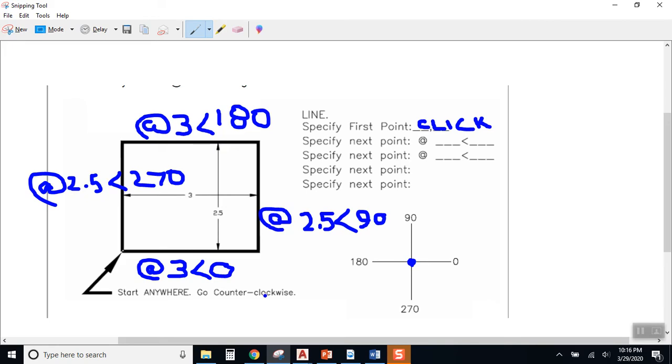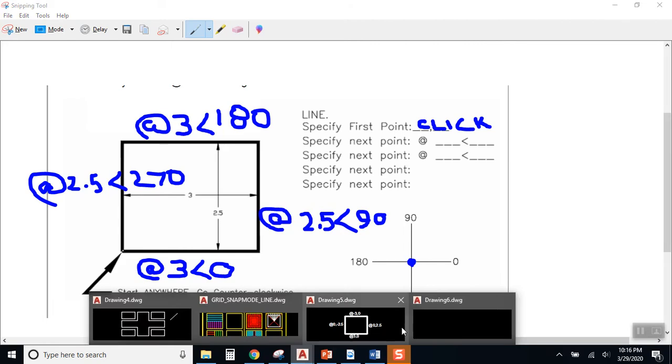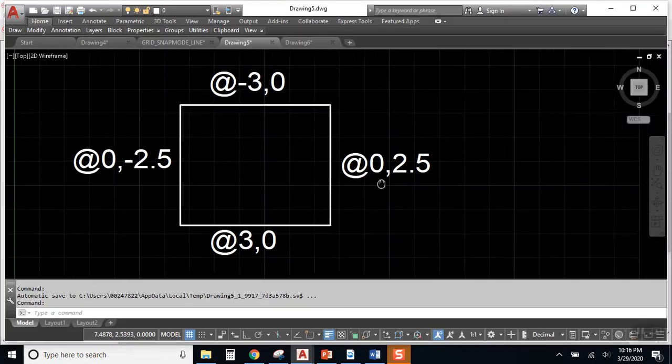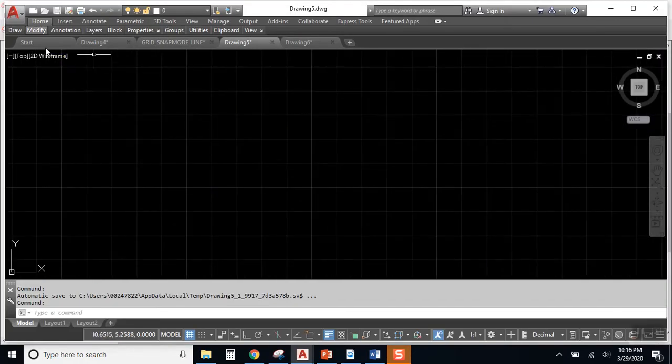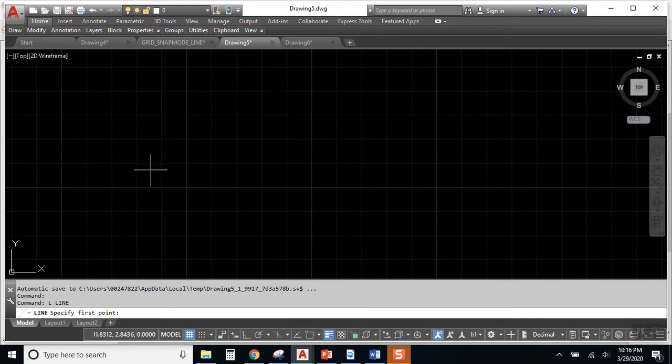All right, so here are the bearings we're looking at now for working around our figure in polar coordinates. Let's hop over in AutoCAD. Okay, starting the line command, moving to the right. We're going to say @3, angle 0, enter.